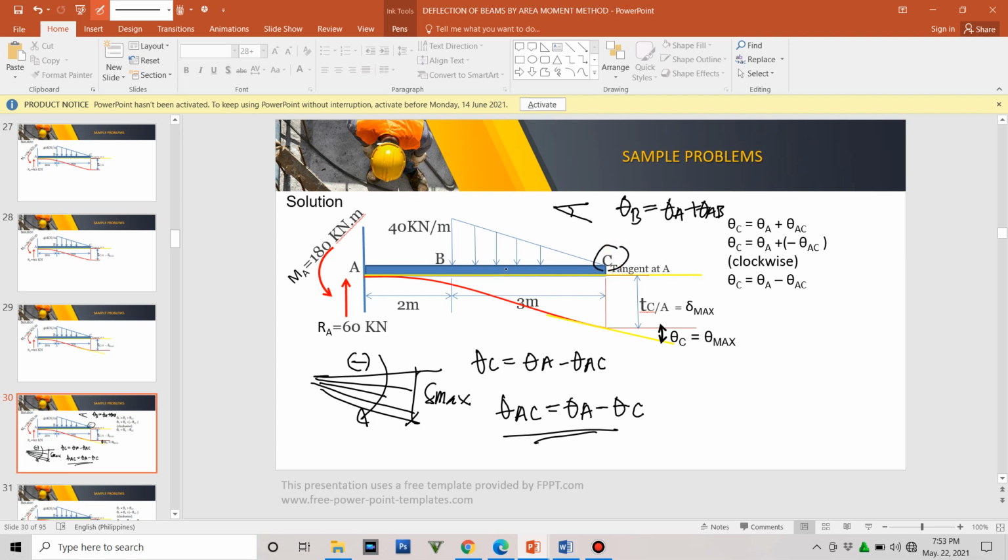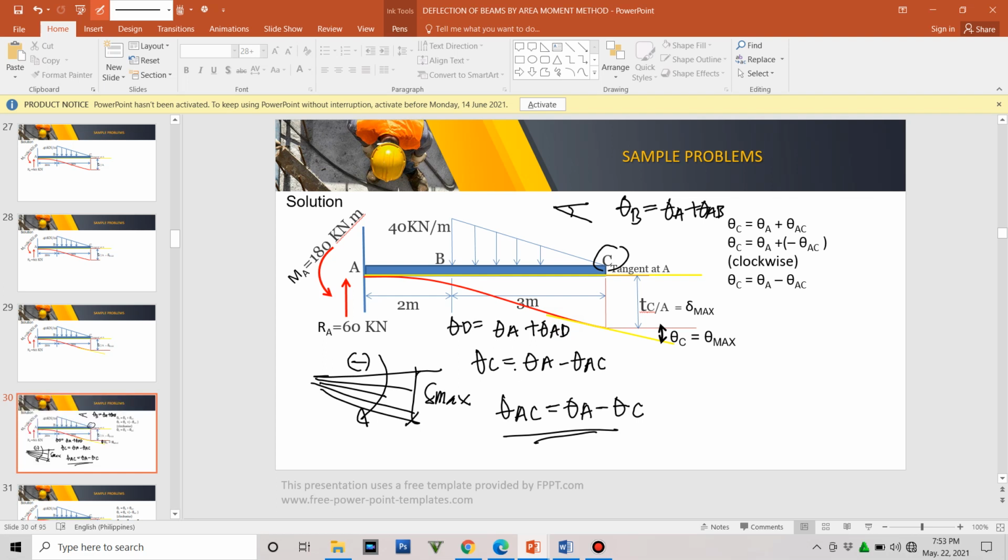So, theta B is equal to theta A plus theta A to B. This time, theta C is equal to theta A plus theta AC. Ngayon, pag may D pa dyan, theta D is equal to theta A plus theta AD.